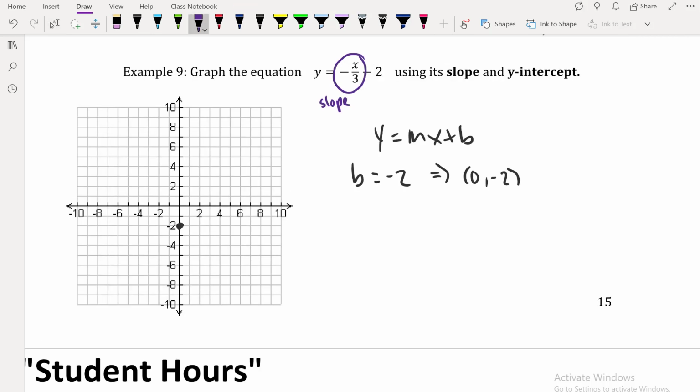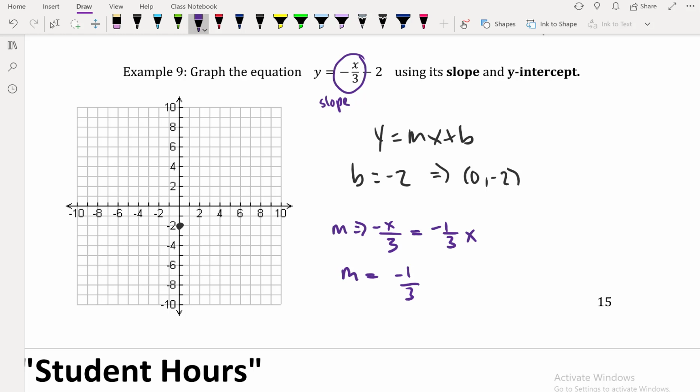So we can see that our slope, m, is equal to negative x over 3. So it's almost our slope, but the x is kind of tripping us up. This is actually the same as a negative 1 over 3 times x. So now I can really say that m is equal to a negative 1 over 3.